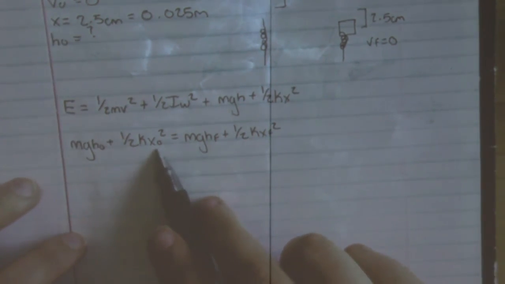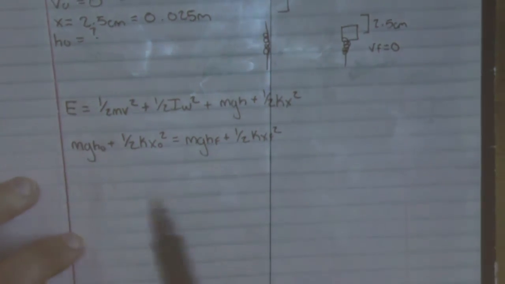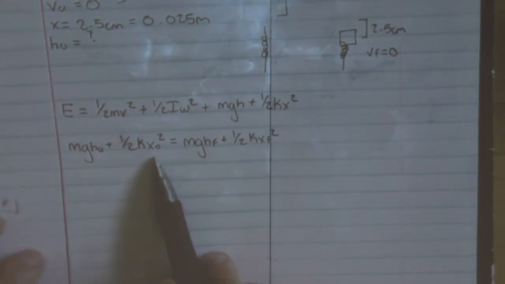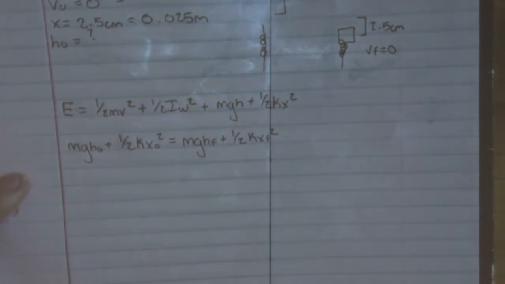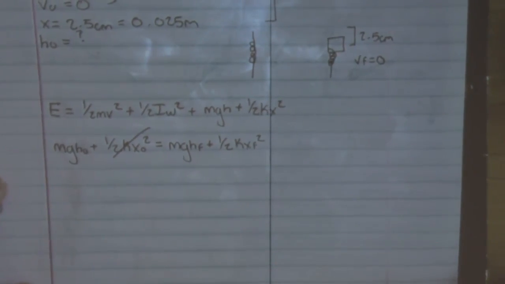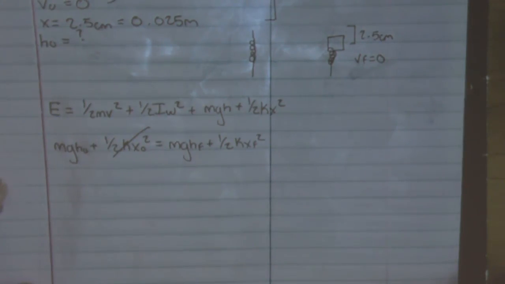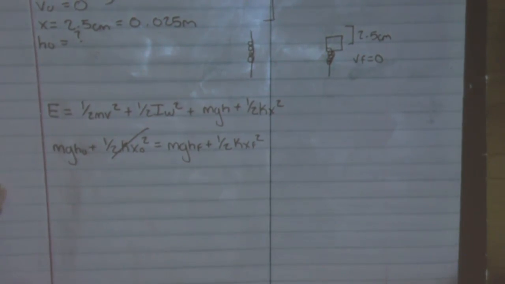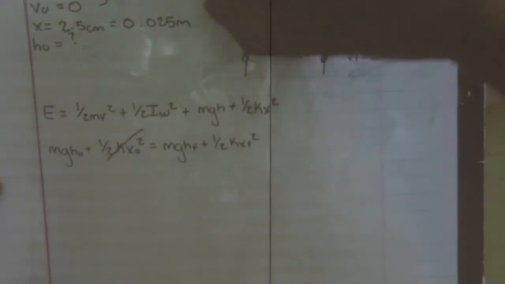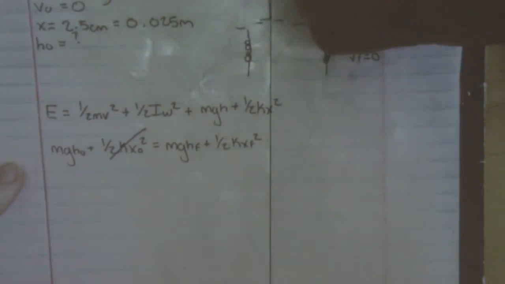First of all, our spring starts unstretched, uncompressed. So this x initial will be 0. That's pretty nice. We're going to want to find our change in height, right? If this is our equilibrium position here, we want this height here.